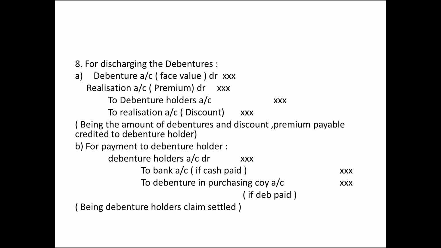If debenture holders are paid in cash, the entry will be debenture holders account debit to bank account. Otherwise, if the debentures are settled by debentures of the new company, that is the purchasing company, the entry is debenture holders account debit to debentures in purchasing company account, right? Here, like all liabilities, that is creditors, bank OD and all, debenture holders are also settled by the purchasing company. Clear?